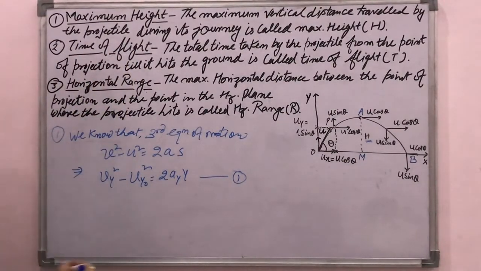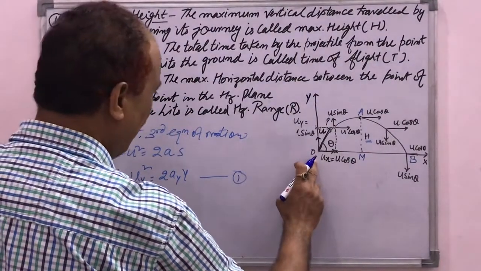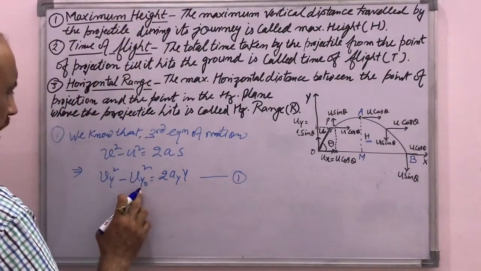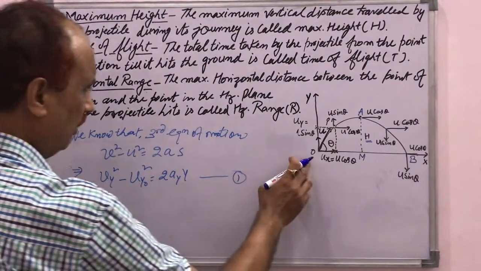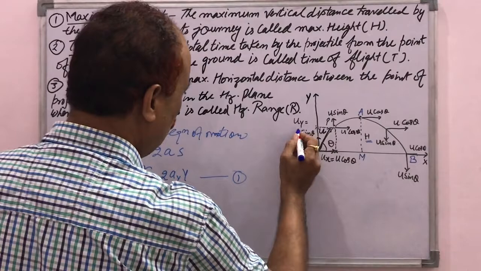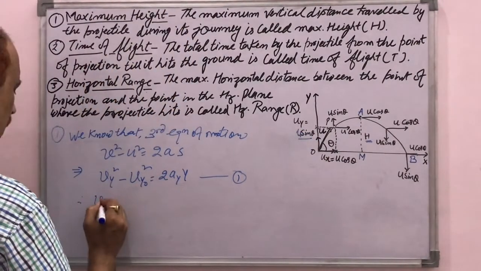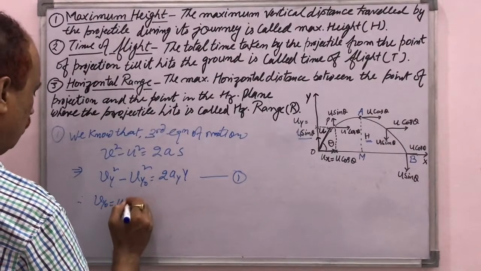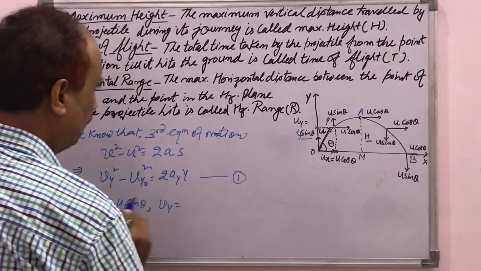Now in this equation, when the projectile is thrown from the point O, the initial velocity vy naught is equal to u sine theta. Therefore vy naught equal to u sine theta, and vy is the final velocity.